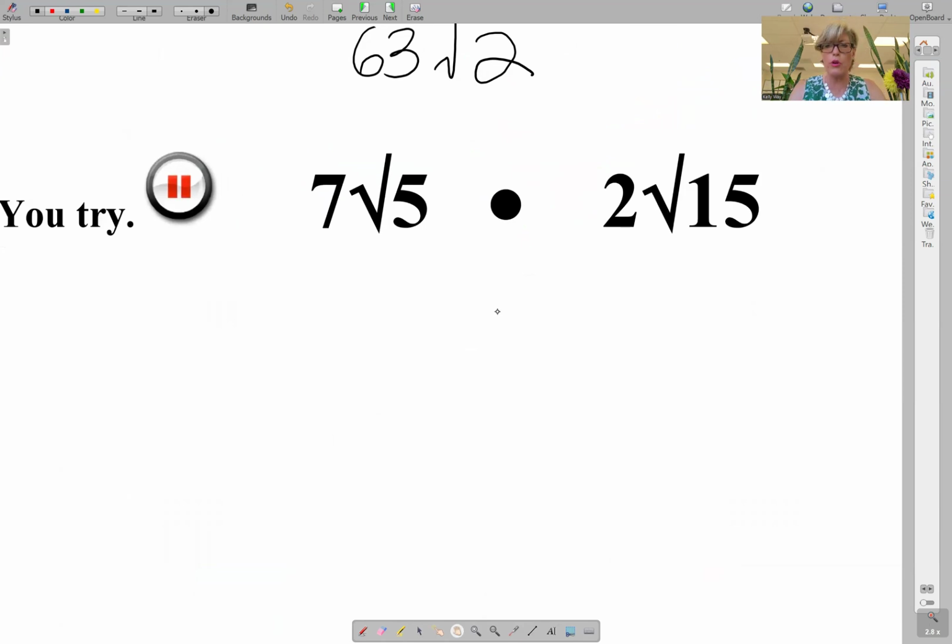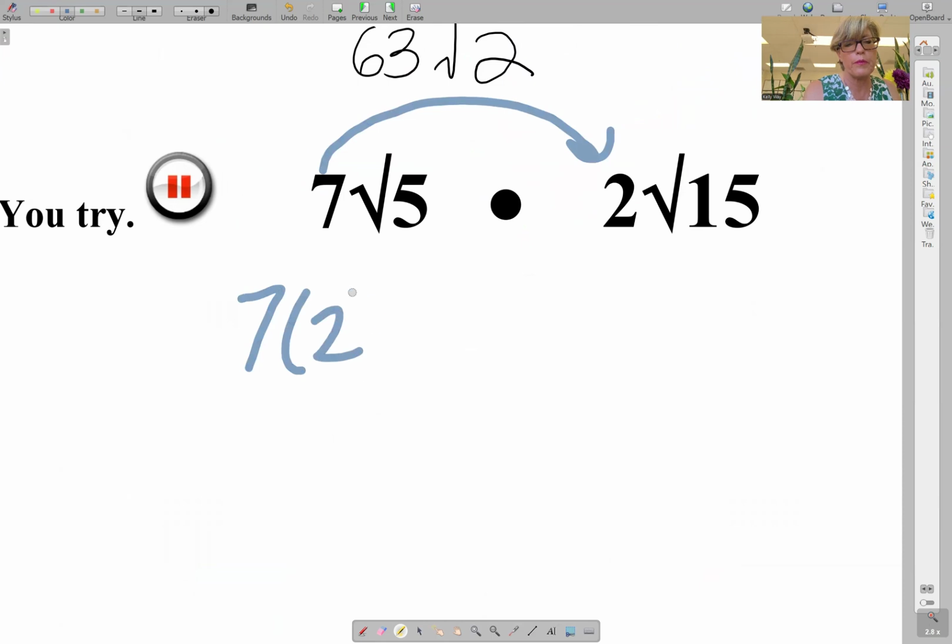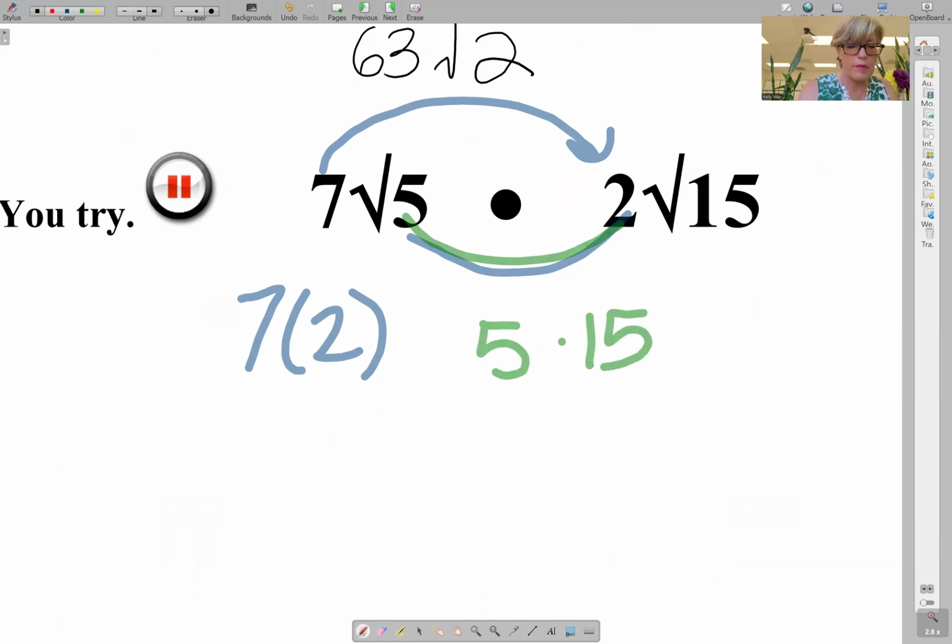You try this one on your own. Pencil, pause. Welcome back. For corrections, you can go to double time. Outies, innies, simplify.